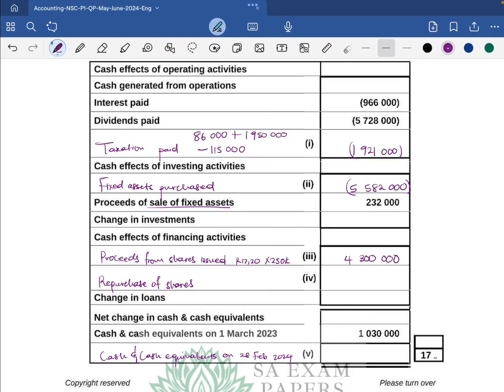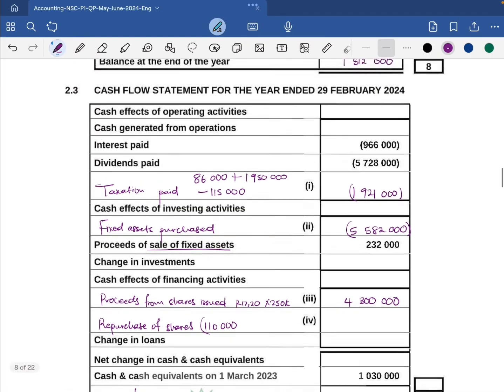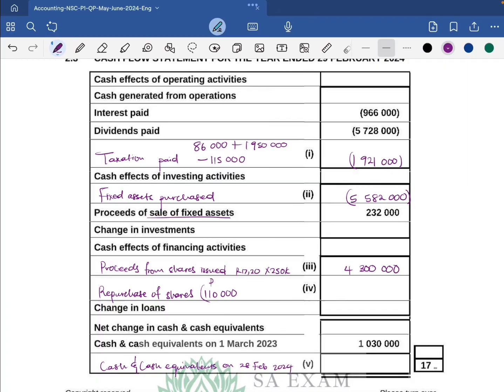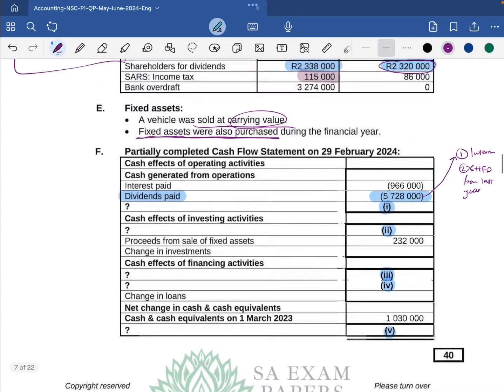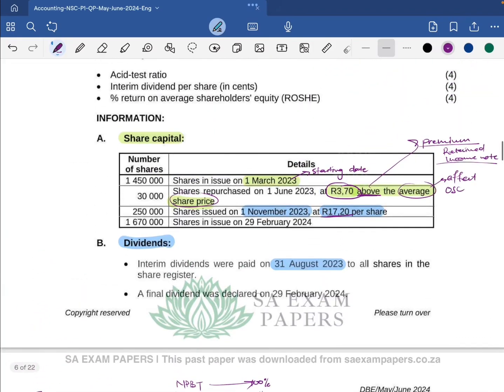And then repurchase of shares, we already have an amount from our retained income note. Remember that this is just only the premium. We didn't repurchase the shares for a total amount of 370. We purchased them at 370 plus the average share price, right?